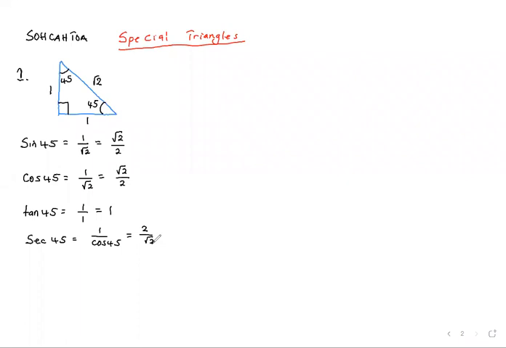Cosec 45 is 1 over sine 45, which is just 2 over root 2. Cot 45 is 1 over tan 45, which is just 1.